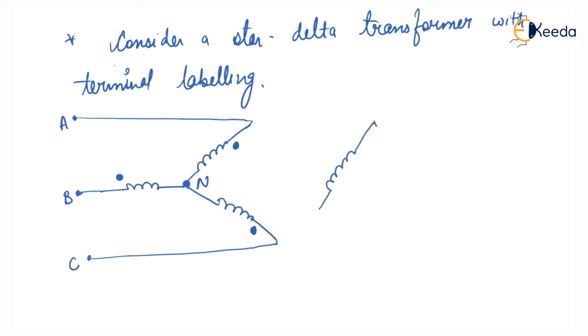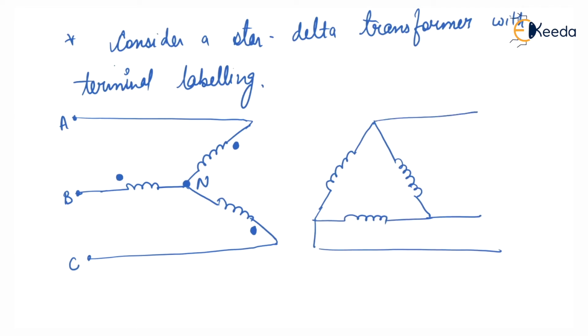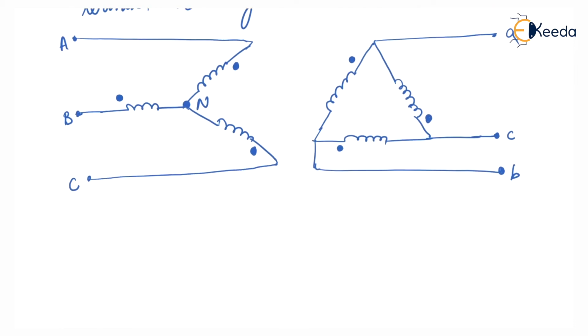And delta, phase A, B, C, with labeling. So this is the star side quantity, lead delta side quantity by 30 degree.